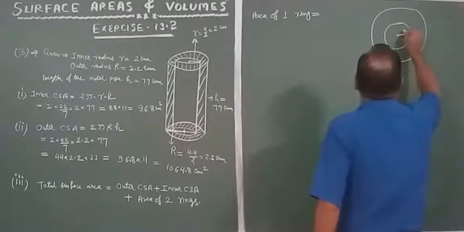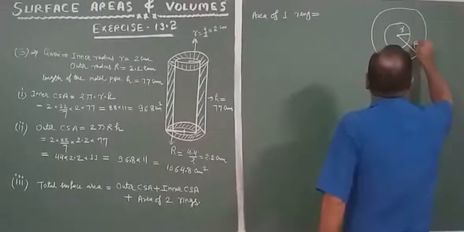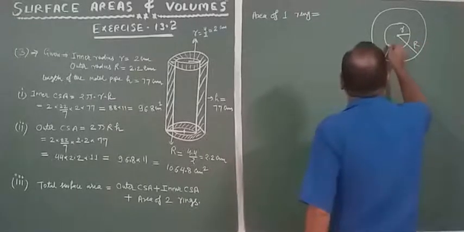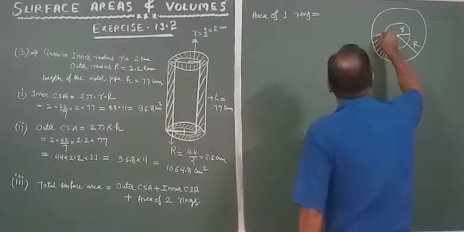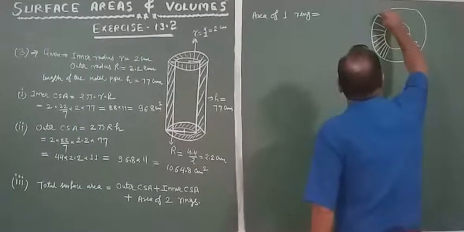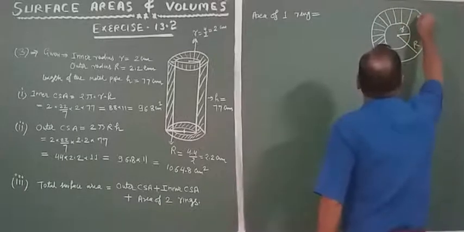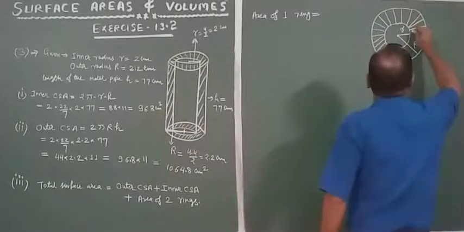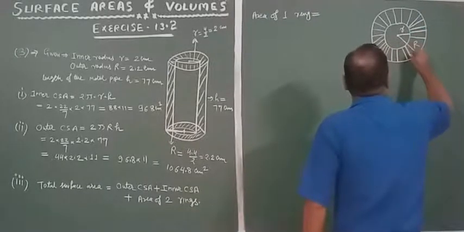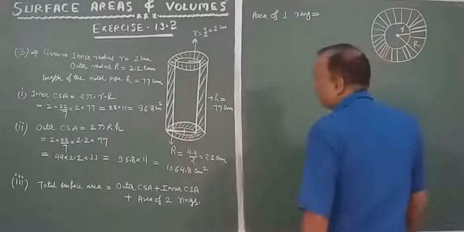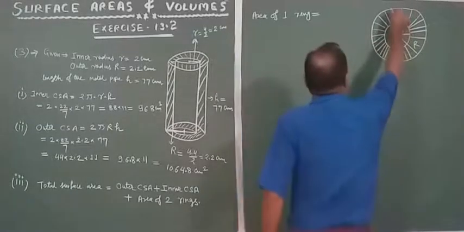This is the small r, this radius is capital R, and this is the ring. This is the front view of this ring. The area of the ring is this shaded region.